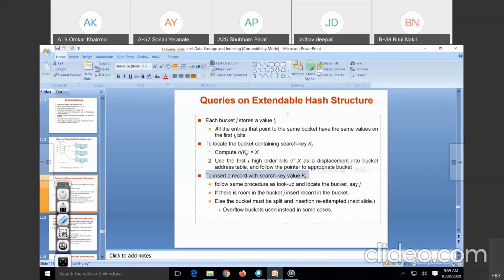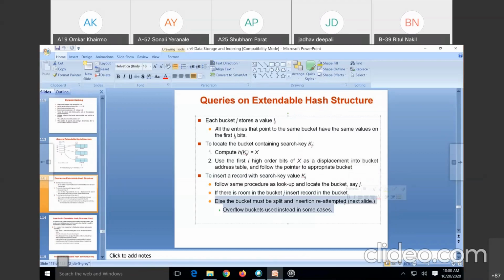If there is room in the bucket j, insert the record into the bucket. But if there is no room in the bucket to store the record, then split the bucket and reattempt the insert.